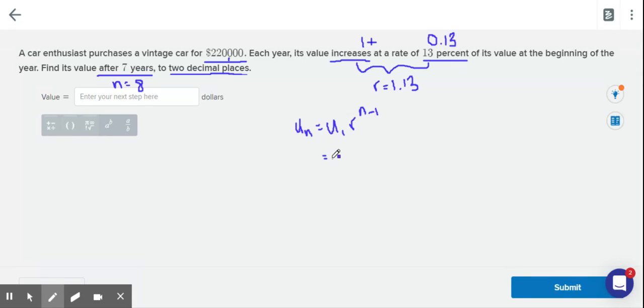Subbing in what I know, my first term is that big $220,000 times my R, which I just found to be 1.13, raised to my N, which I discovered was 8, minus 1. So calculating that out, $517,573.21.